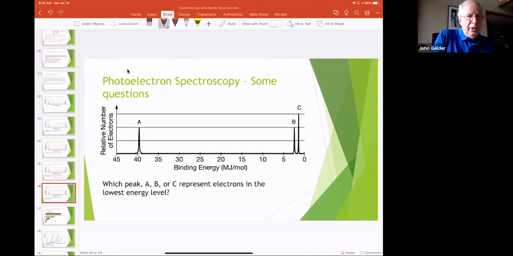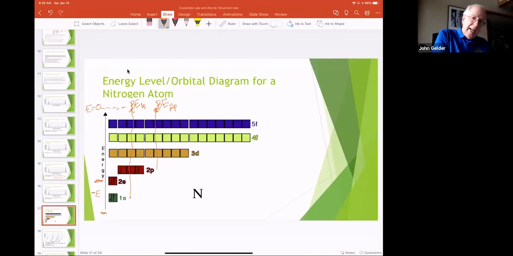That little bit earlier conversation that we had, this PES spectrum, which has got binding energies on the x-axis, that binding energy is the energy required to remove an electron. But when we look at an energy level diagram, we can see that those 1s electrons are at the lowest energy, and therefore would require the most energy to remove one of those electrons.